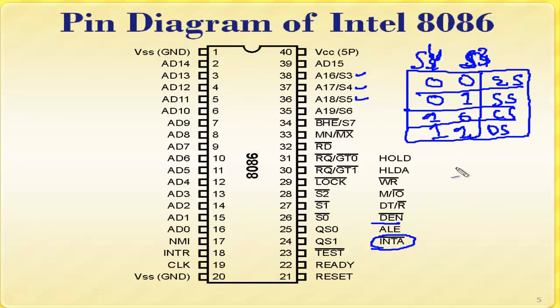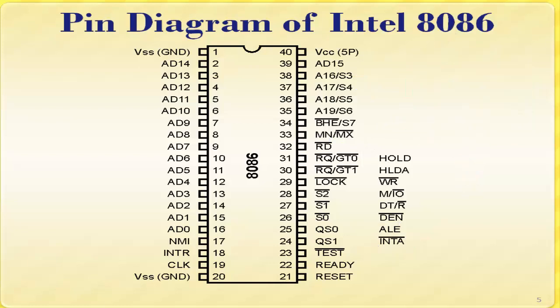We can have either a single processor or multiple processors, and that's what minimum and maximum mode tell us, because Intel 8086 can work in minimum mode and maximum mode. In minimum mode it works as a single processor, and in maximum mode it works with multiple processors.